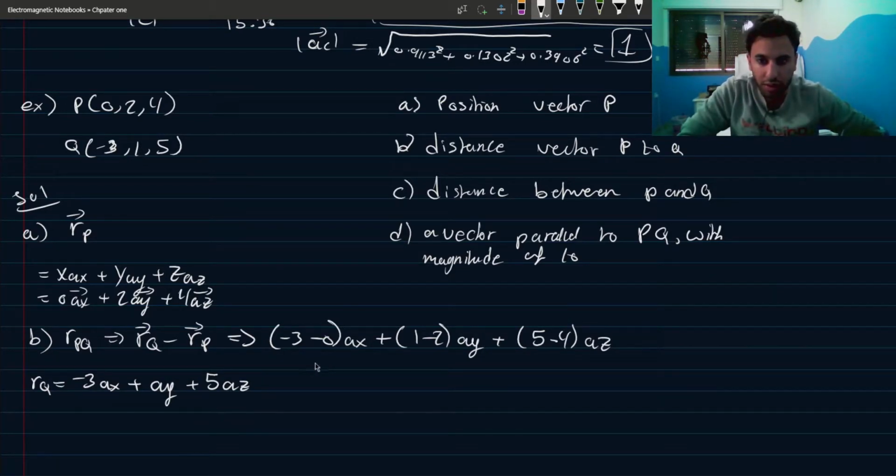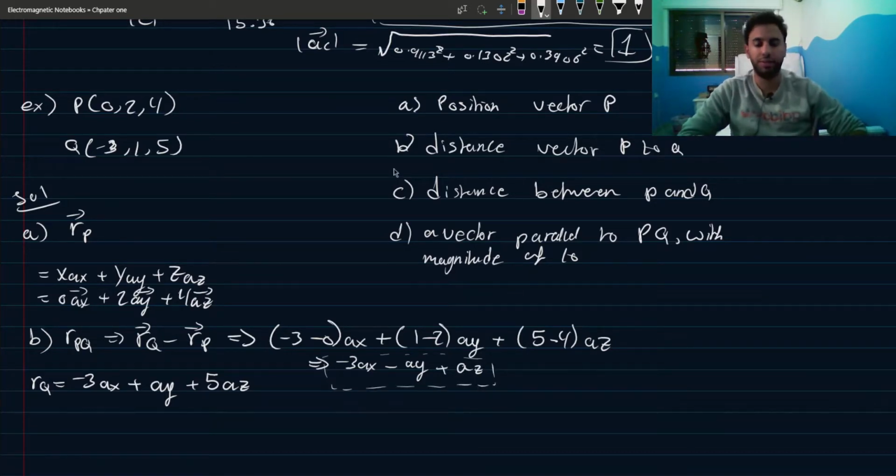And this will give us minus 3 AX minus AY plus AZ. And that is the final answer for section B.